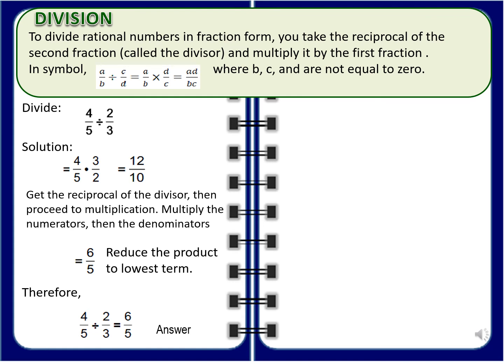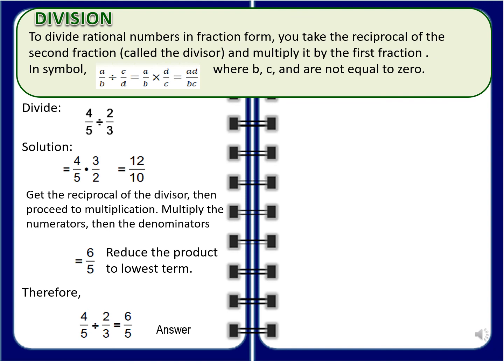At first, we will get the reciprocal of the divisor, then proceed to multiplication. So it means 4 over 5 times 3 over 2. Then multiply the numerators, 4 times 3 is equal to 12, and multiply the denominators, 5 times 2 is equal to 10.